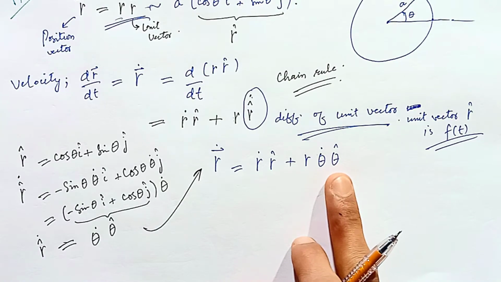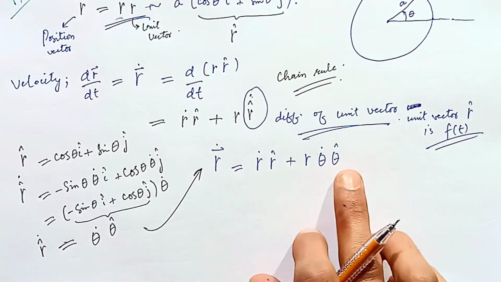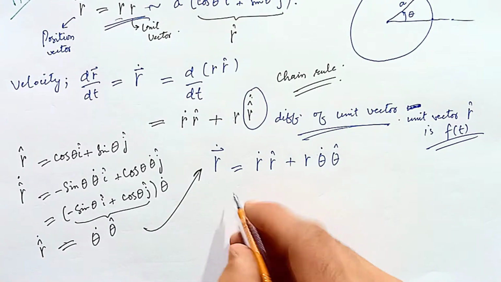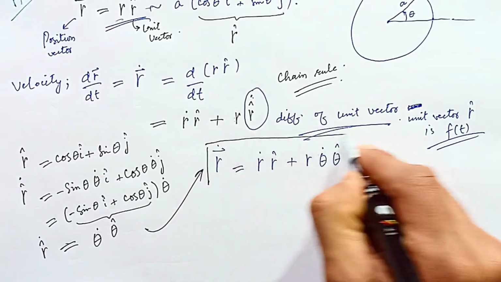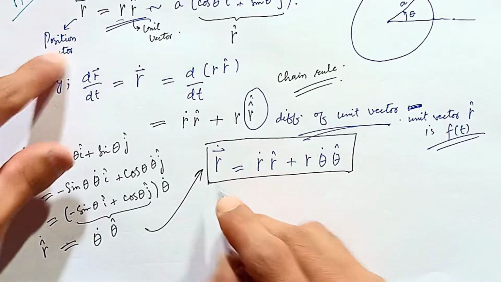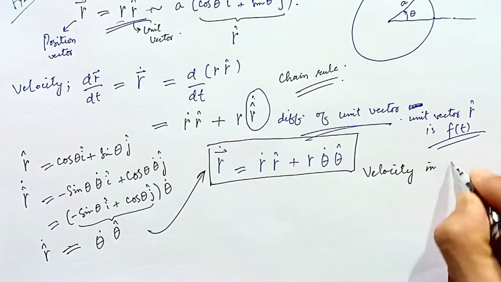So we don't have to differentiate the unit vector with respect to time. That's simple. This equation gives the first differentiation of the position vector, that is the velocity in the polar coordinate system.